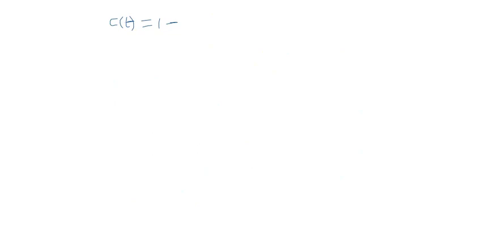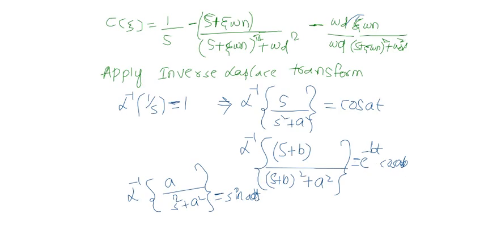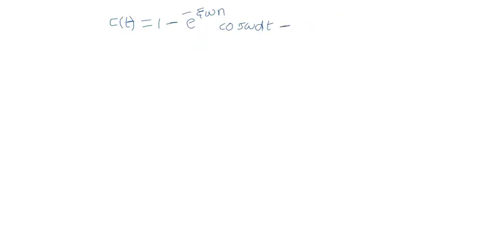So I am writing e power minus zeta omega n t into cos omega d t. And in the third term we take zeta omega n by omega d as the constant term, so I write minus zeta omega n by omega d as the constant term.